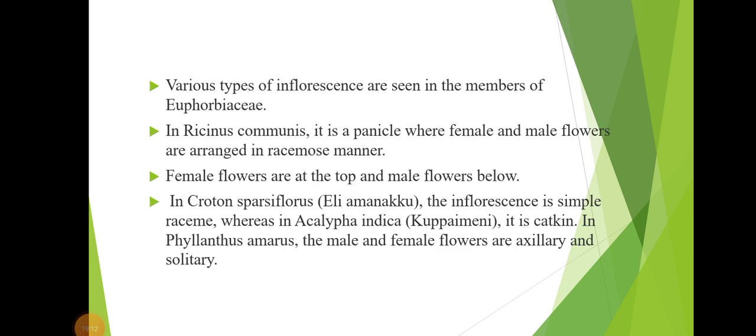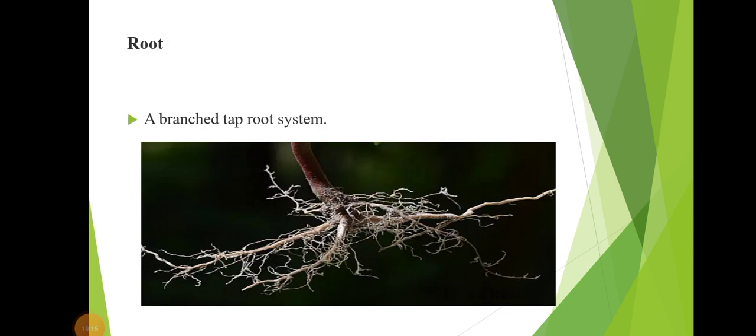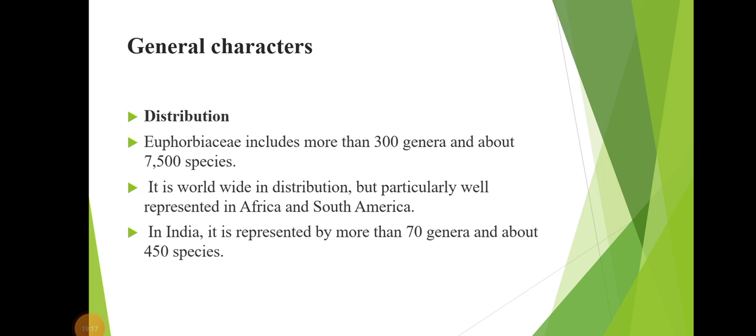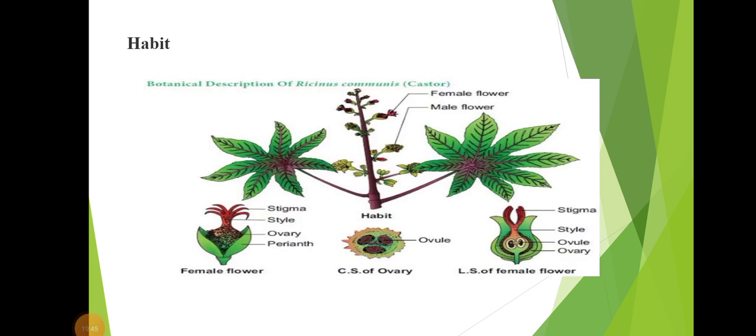Once again, I will repeat to you the general characters of Euphorbiaceae. The distribution of Euphorbiaceae includes more than 300 genera and about 7,500 species. It is worldwide in distribution but particularly well represented in Africa and South Africa. In India, it is represented by more than 70 genera and about 450 species.